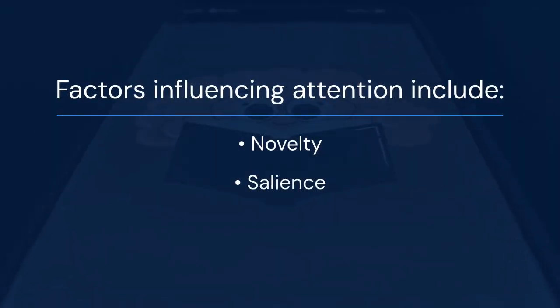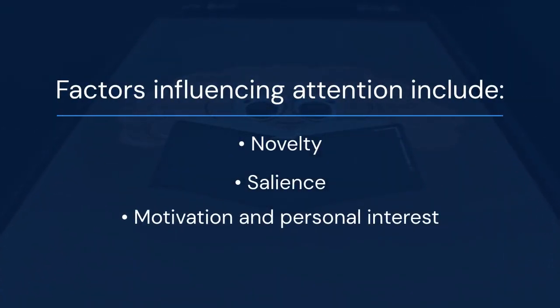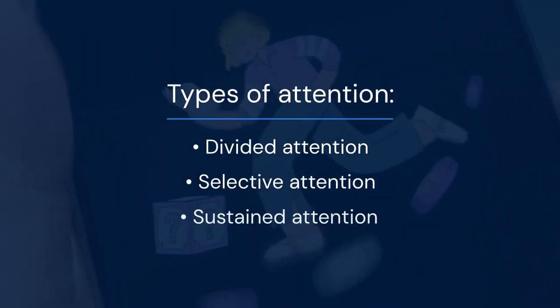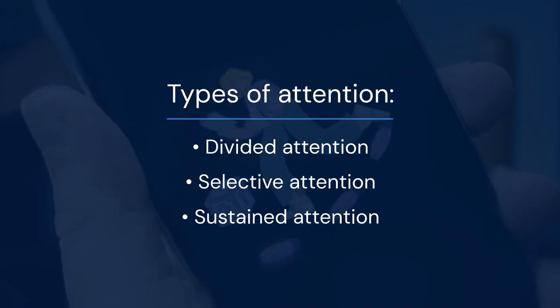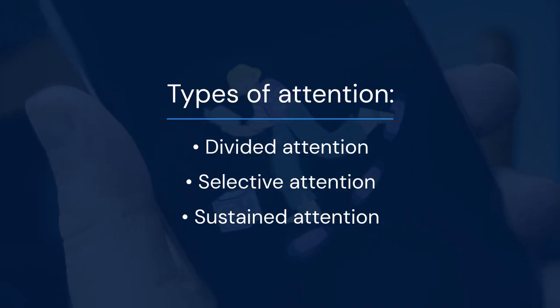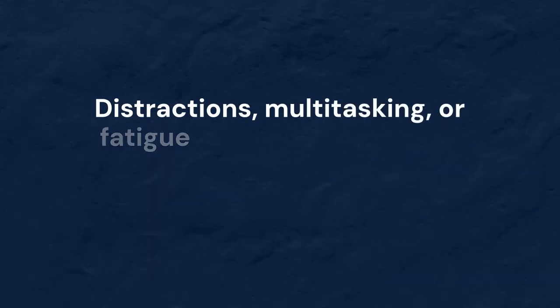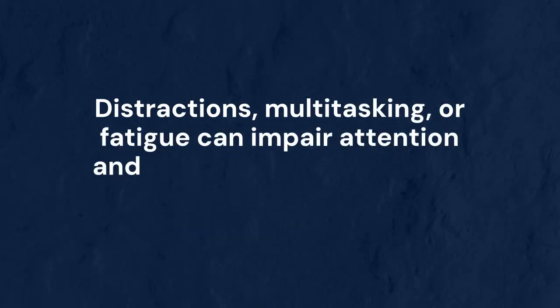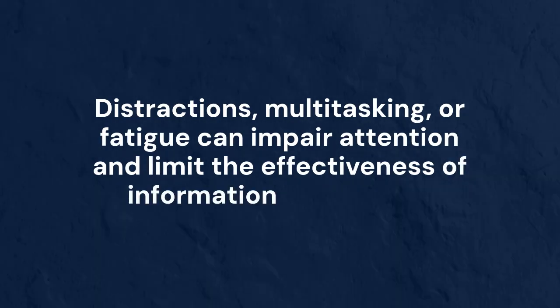Factors influencing attention include novelty, salience, motivation, and personal interest. Divided attention, selective attention, and sustained attention are important aspects that affect learning and task performance. Distractions, multitasking, or fatigue can impair attention and limit the effectiveness of information processing.